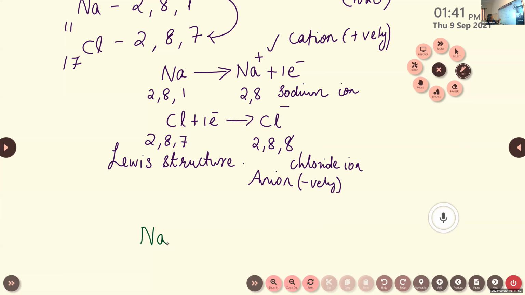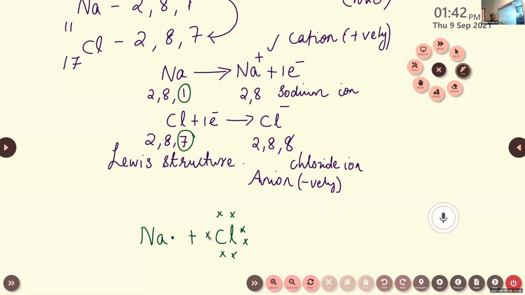In the case of sodium, you know that there is only one electron. This electron is represented in the form of a dot. This is the Lewis structure of sodium. Then it will react with chlorine, right? There are 7 electrons in the outermost shell of chlorine, so we can represent the 7 electrons as marks.